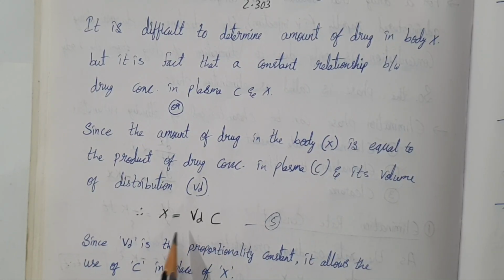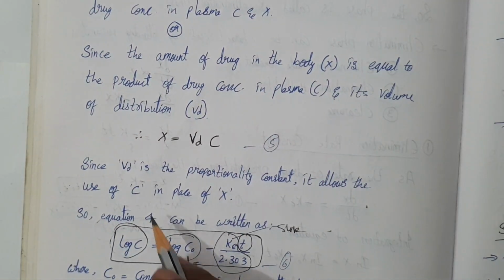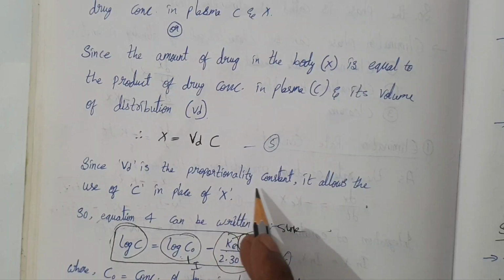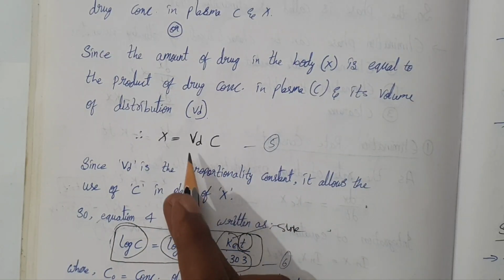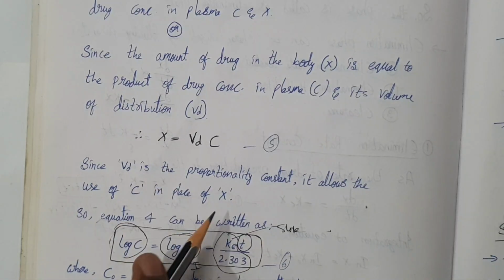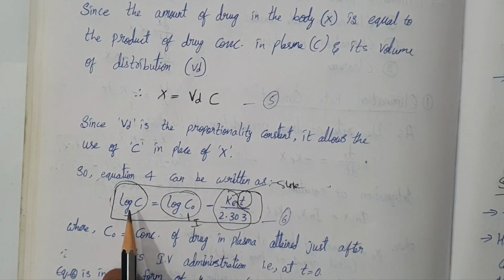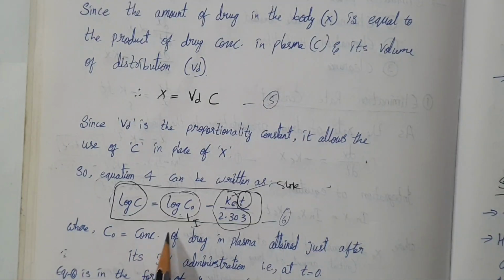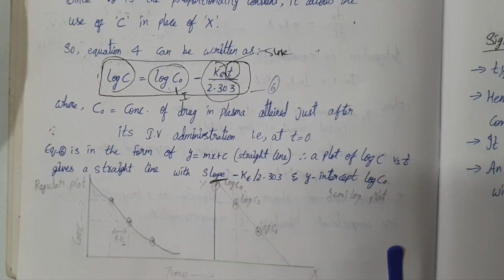Remember this equation, amount of drug in the body X equals Vd into C. Since Vd is the proportionality constant, it allows the use of C in place of X. So we are replacing X with C. So our equation becomes log C equals log C naught minus kEt divided by 2.303.